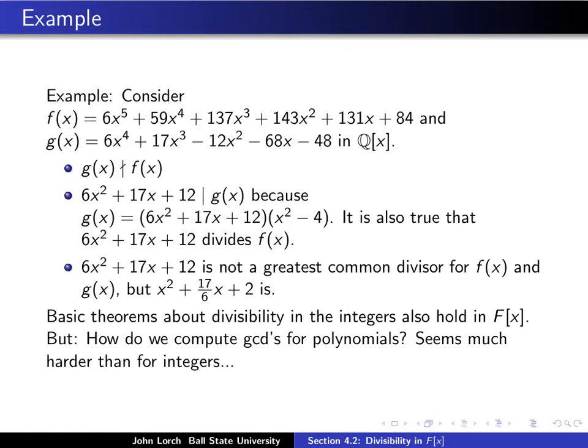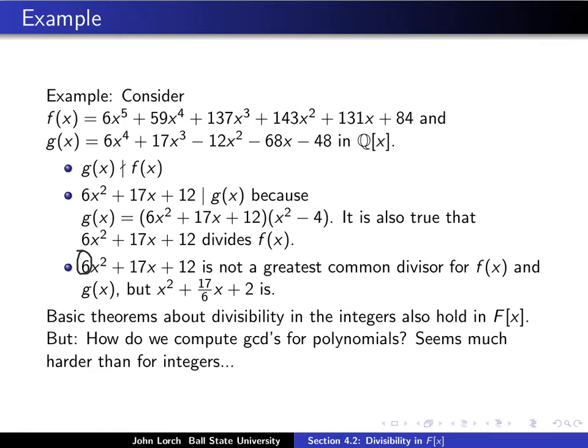Now, we know that 6x squared plus 17x plus 12 cannot be a greatest common divisor for f and g because the polynomial fails to be monic, right? The leading coefficient is a 6, not a 1. However, if we divide through by 6, we wind up with another polynomial, x squared plus 17/6 x plus 2, that lives within the polynomials with rational coefficients.